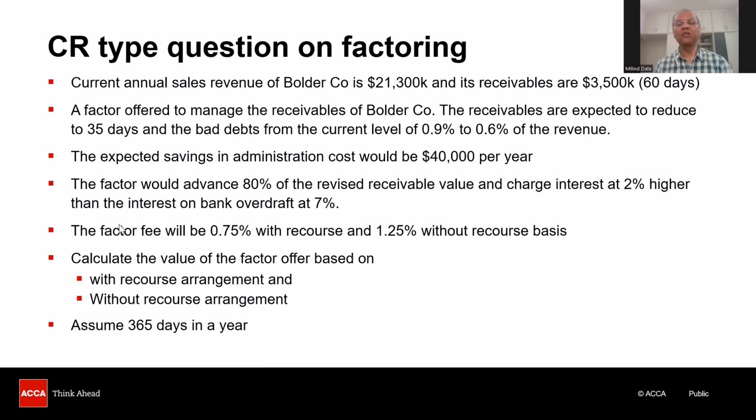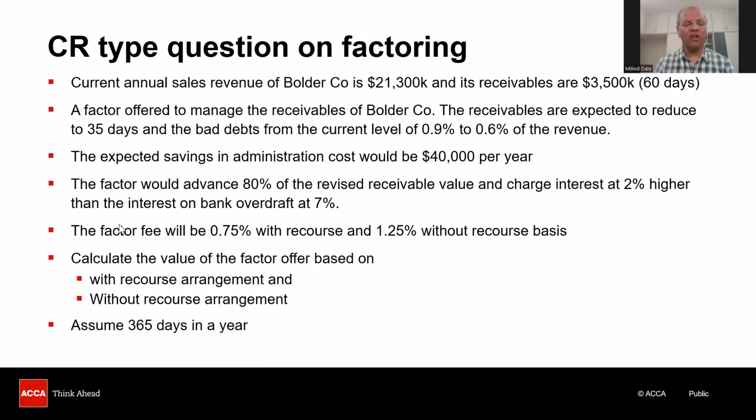Then you should consider the reduction in admin cost, saving in the bad debts, and therefore 3 put together would be your total savings. Factor with recourse basis fee and interest on the advances, that will be 2 elements of cost. Savings and costs, when you compare, that will give you net saving or net cost on with recourse basis.